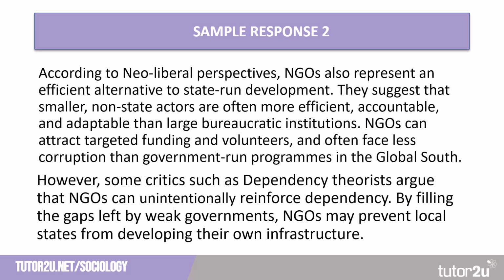And then the student has developed their analysis by talking about how neoliberal perspectives would view NGOs, suggesting that NGOs represent an alternative to state-run development, suggesting that smaller, non-state actors are often more efficient, accountable and adaptable than large bureaucratic institutions. They've gone on to talk about other impacts, so NGOs can attract targeted funding and volunteers, and often face less corruption than government-run programs in the global south.